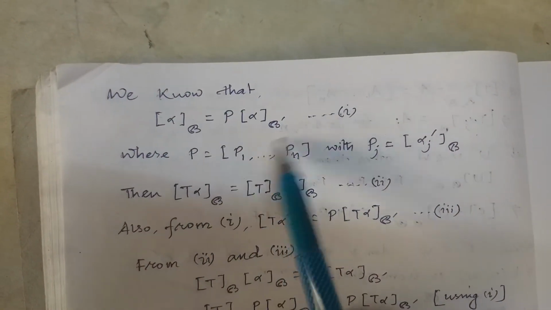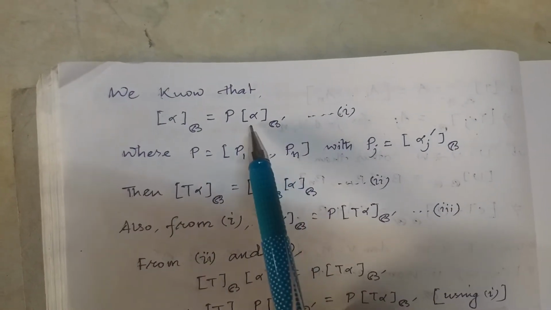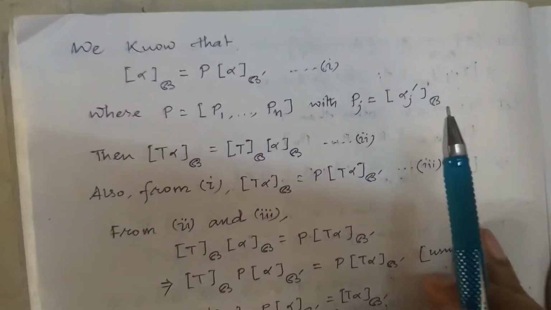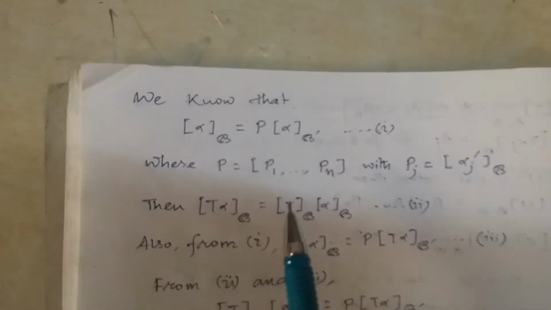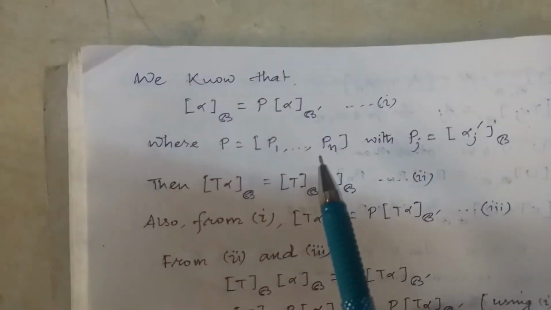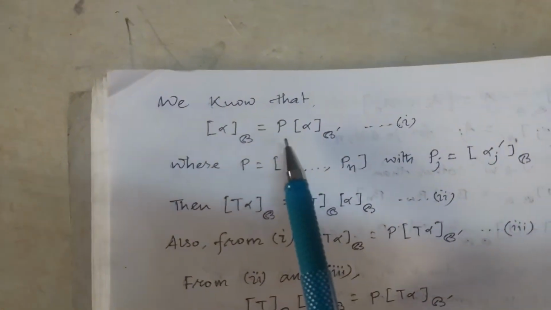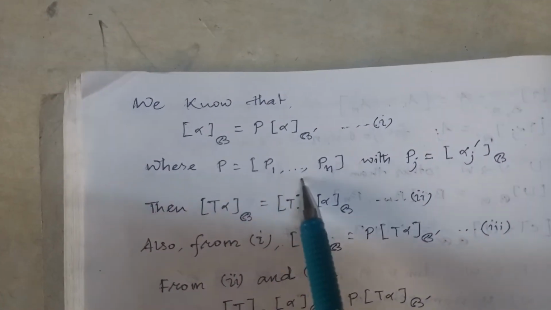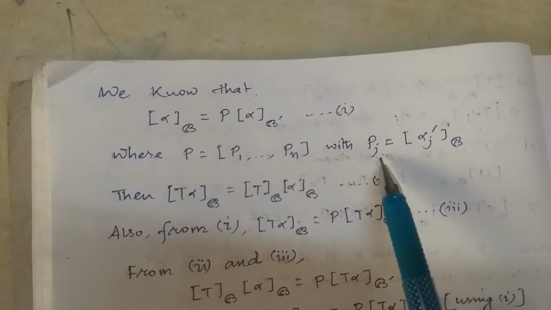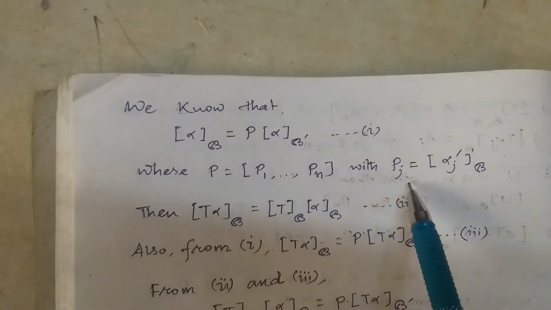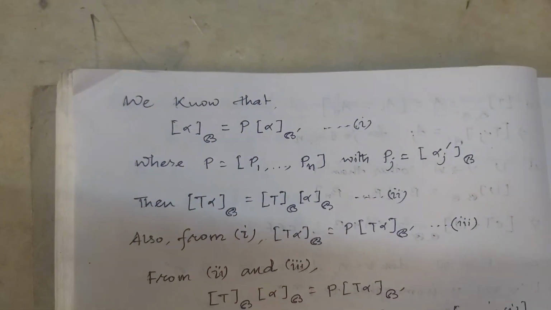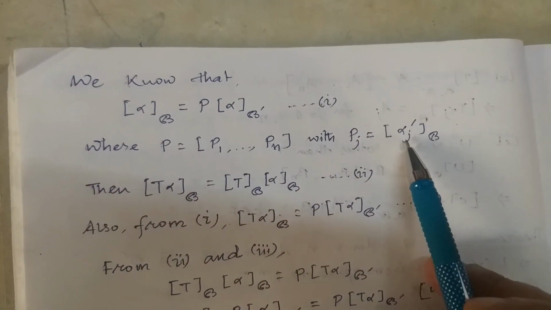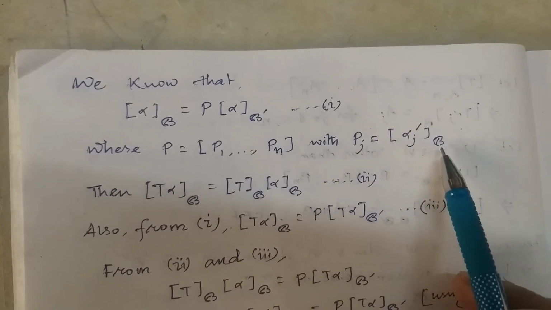We represent alpha with respect to these elements. You will revise it from the first chapter. So we will get an invertible matrix P whose column vectors are P1, P2, ..., Pn. These Pj's are actually the coordinate of alpha j dash with respect to B.